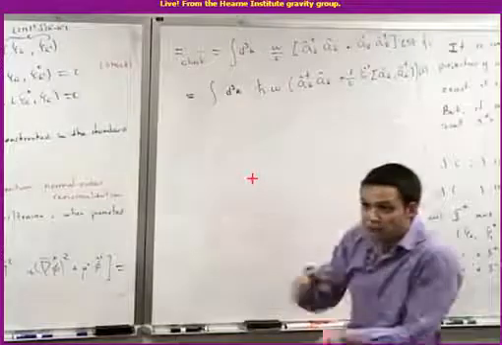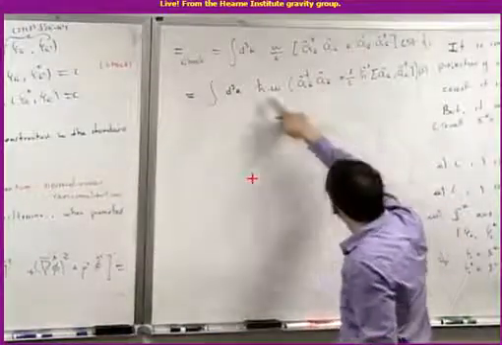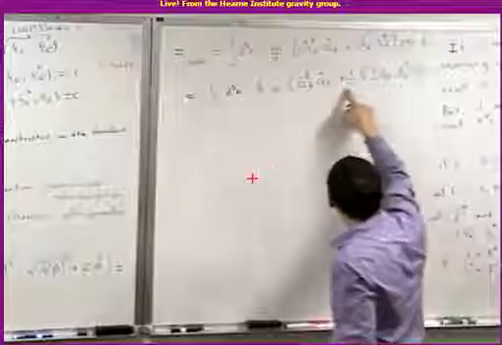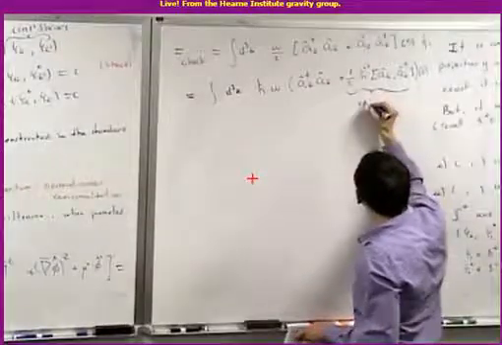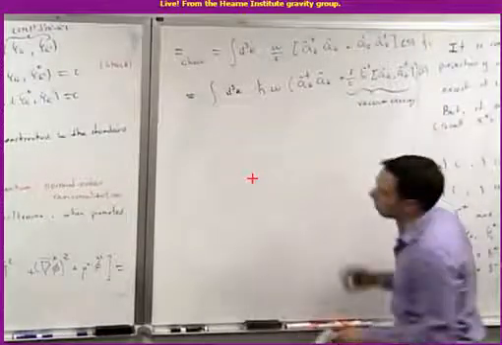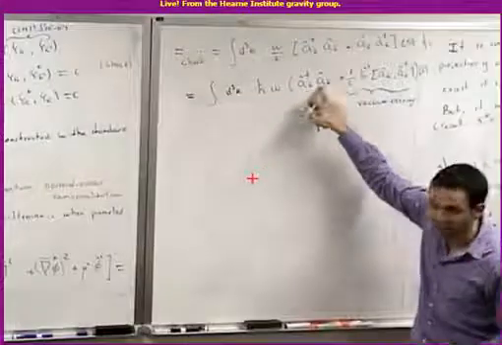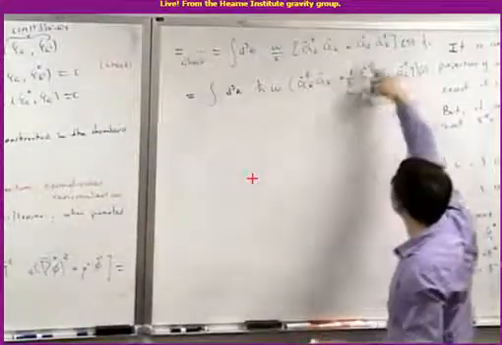We have infinitely many oscillators, so we have the energy of each oscillator times the number of quanta plus the vacuum energy. This is obviously the vacuum energy, because this term will kill the vacuum. If you apply the Hamiltonian to the vacuum, this is 0, so this is what you get.